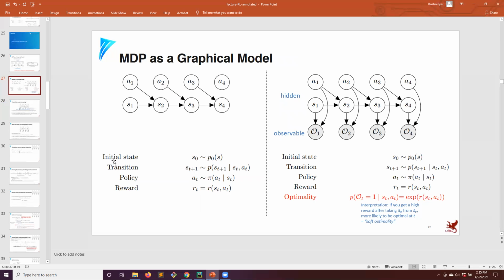But if we already have this reward, so we already know the reward function and we can measure that, I just wonder why we still need this additional observable information. Because somehow everything has already been captured in the reward function. Do we have some assumption, for example, that the reward is not directly readable, and what we can really observe is something like feedback that says it's a good action or not?